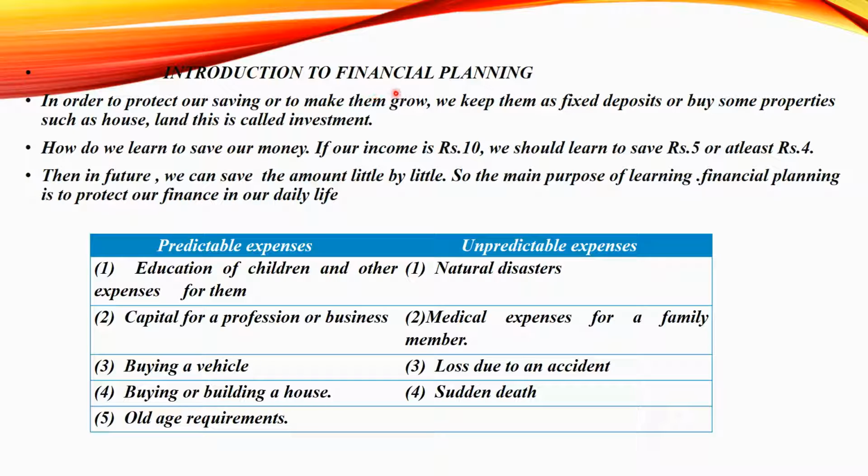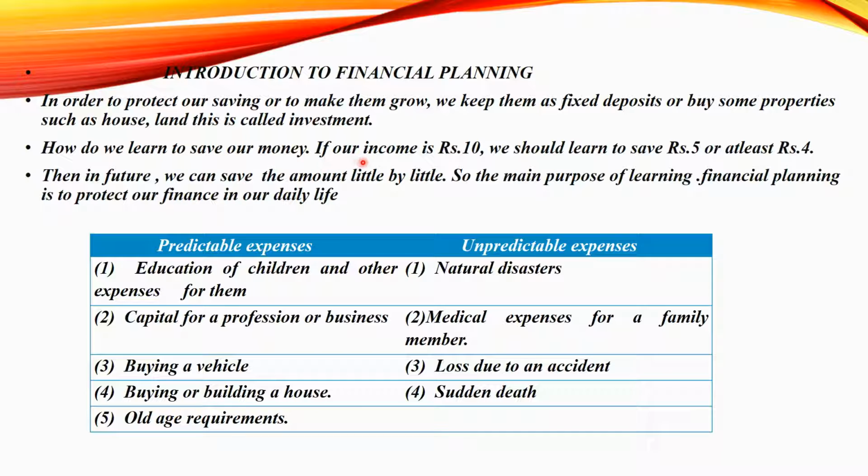What is financial planning? In order to protect our savings or to make them grow, we keep them as fixed deposits or buy some properties such as house, land. This is called investment. How do we learn to save our money?